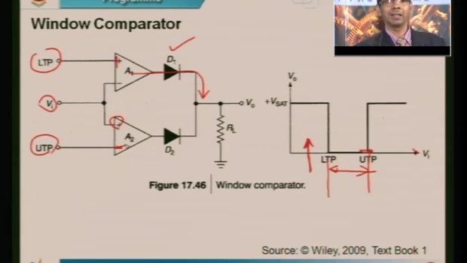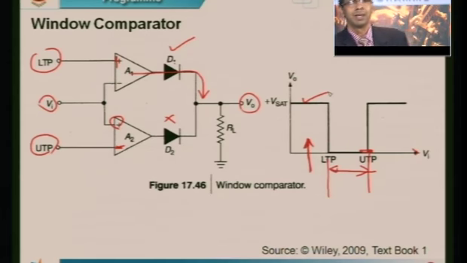Since the input at the inverting pin is larger than the input at the non-inverting pin, the output becomes minus Vsat. The moment it is minus Vsat, this diode becomes reverse biased, right? Reverse bias means no current can flow. So the output is plus Vsat and it flows through RL and hence establishes V0 as plus Vsat.